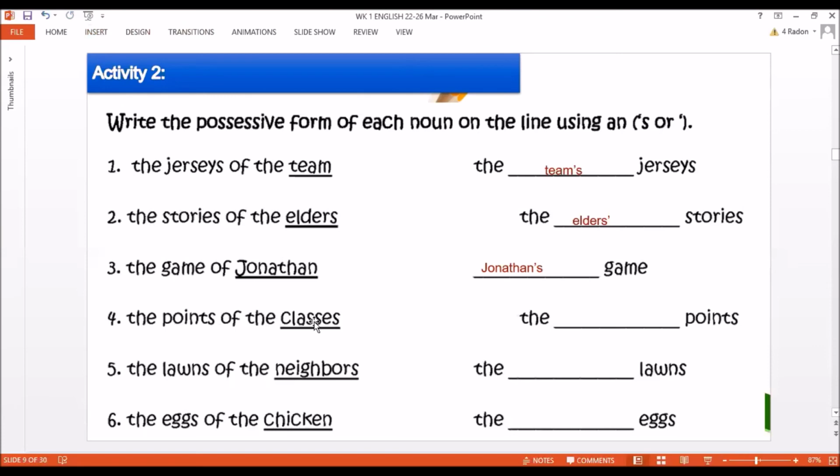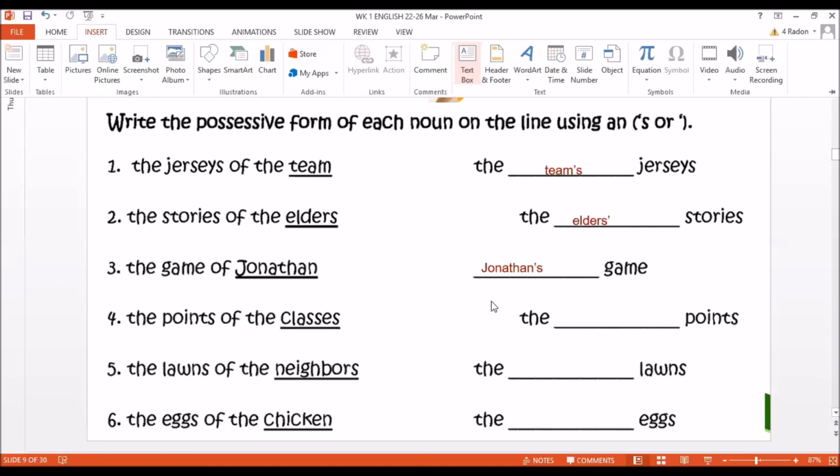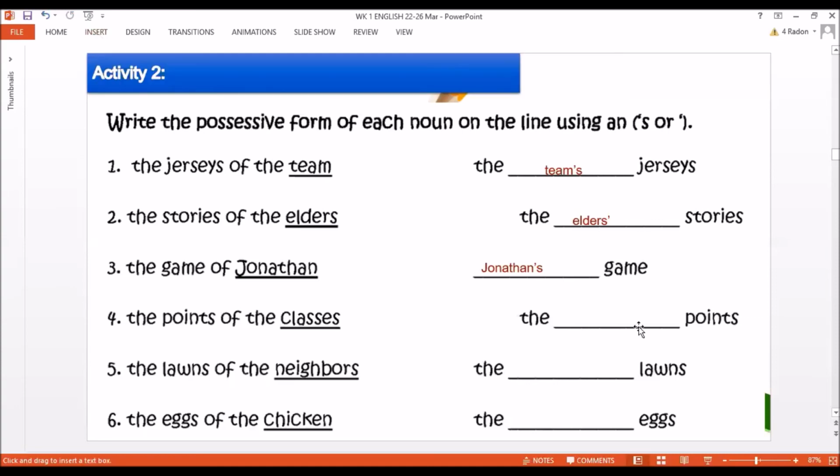Then number 4, the points of the classes. Whose points? Who owns the points? The classes. So what do we add? Apostrophe S or just apostrophe? Since it already ends in S, we just add apostrophe.